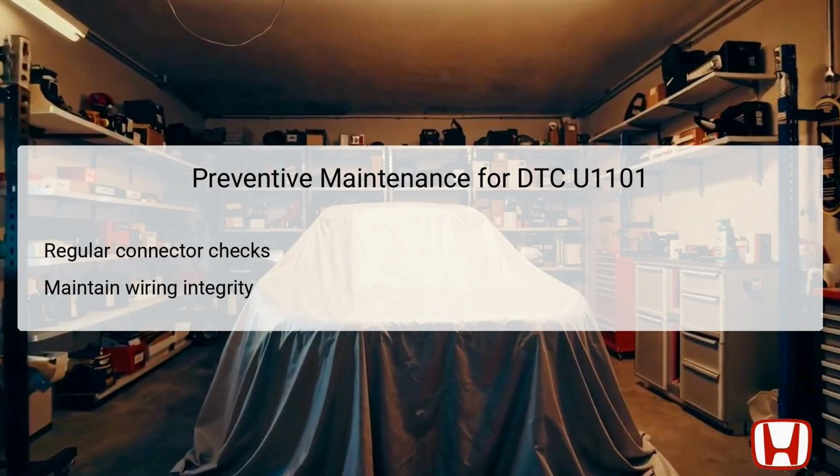In addition, using protective coverings for exposed wiring can also extend the lifespan of these components. Education on recognizing the early warning signs of electronic issues and using proper diagnostic techniques can maintain optimal vehicle performance. By employing these practices, potential communication failures in the FCAN can be preemptively addressed.